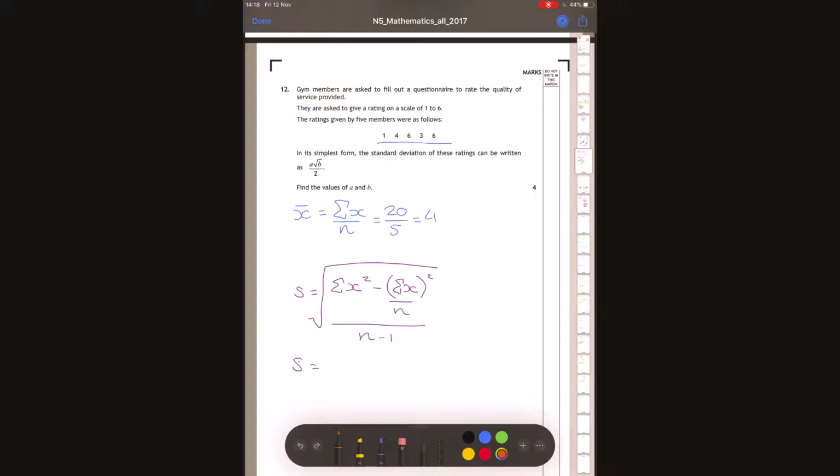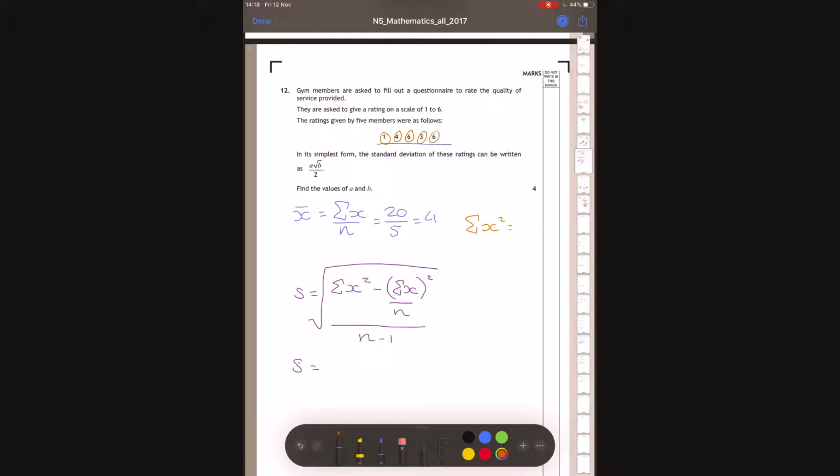So the first thing we need to work out is sigma x squared. I'm just going to do it at the side. Sigma x squared is equal to 1 squared, add 4 squared, add 6 squared, add 3 squared, add 6 squared.